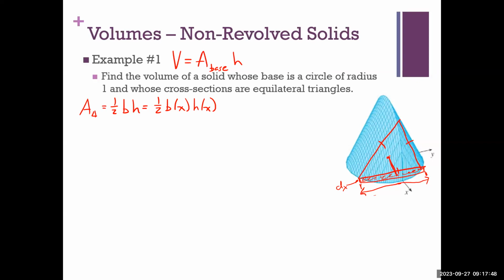So for some given value x, what is the value of y right here? Well, we don't know, but can I say that this length of the base is going to be double whatever that y value is?